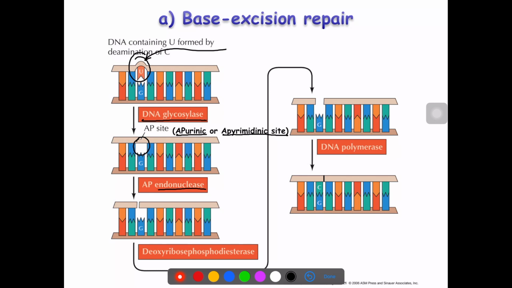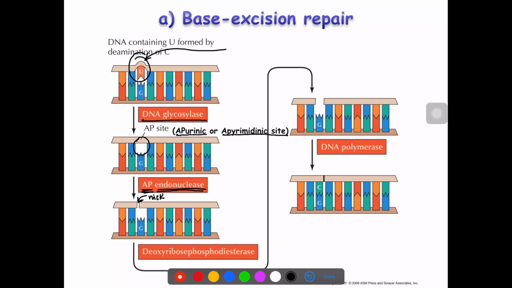Therefore, the enzyme that will be doing that is known as an AP endonuclease. AP because it's recognizing an AP site, and endonuclease because it is breaking within an intact DNA backbone. So it's creating this gap, this small breakage, this small nick. This is what we refer to as a nick.